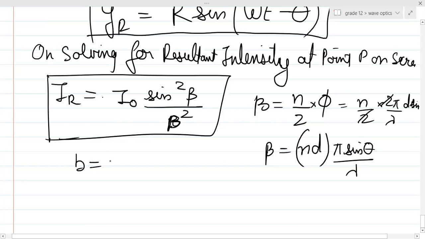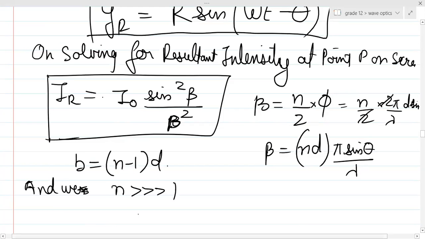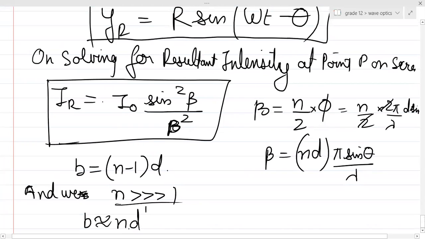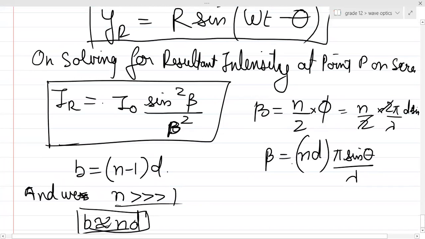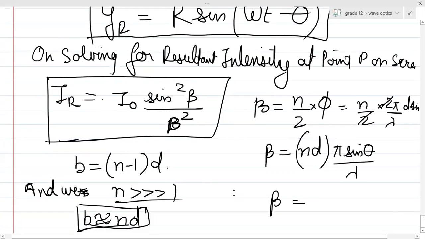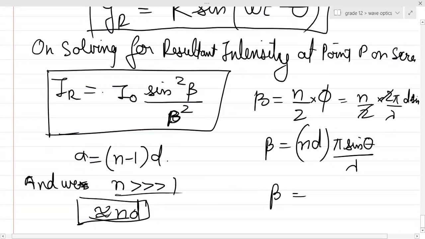But you remember b was equal to n minus 1 into d, and we know that it's a hypothetical concept, the number of secondary sources n is much greater than 1, so you can approximate b as approximately equal to n times d as well. So here n times d you can write as, not b, sorry, this was a, right? I'll explain it once again, don't worry.